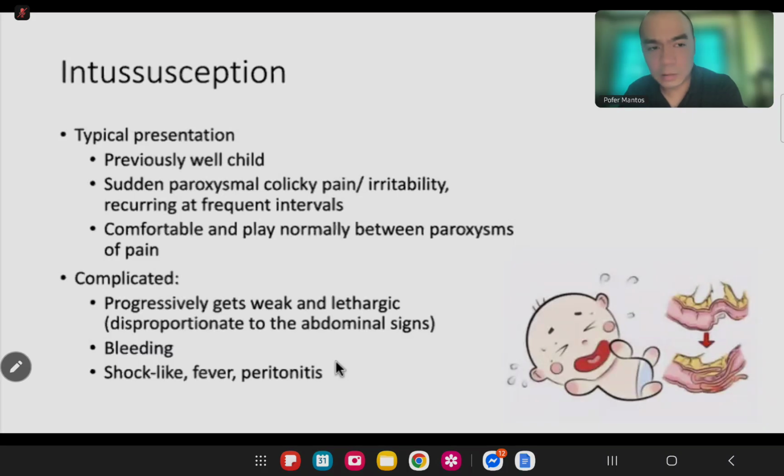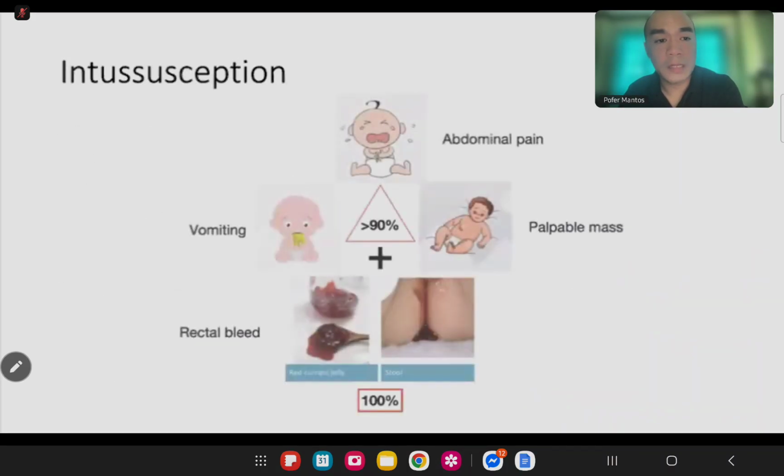So you really have to catch the intussusception early, while the child is not yet in shock. You need this triad to at least have a strong suspicion of intussusception.